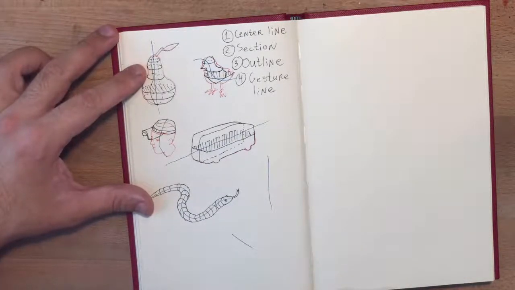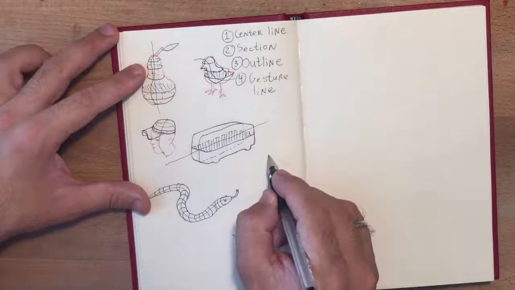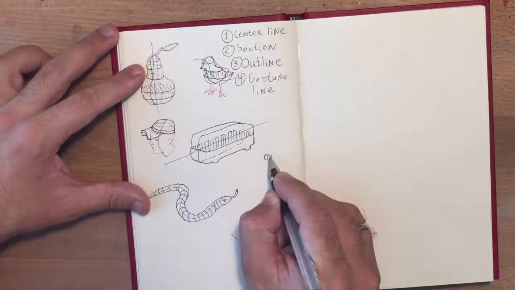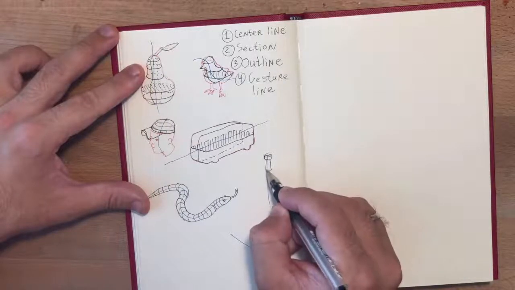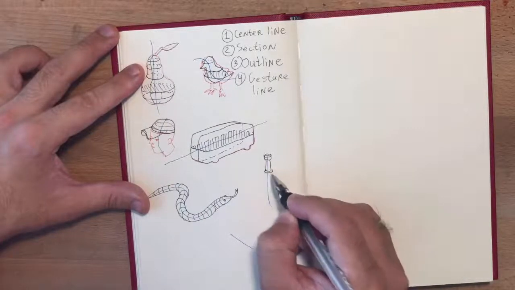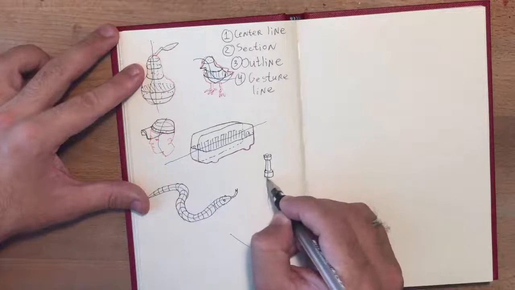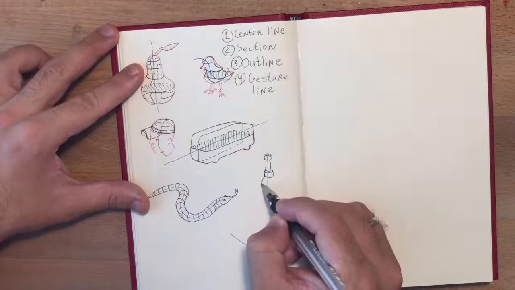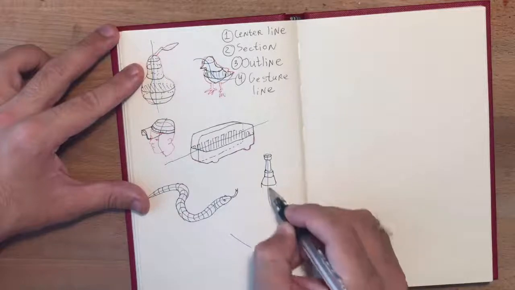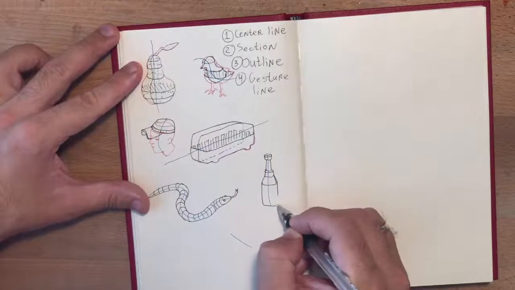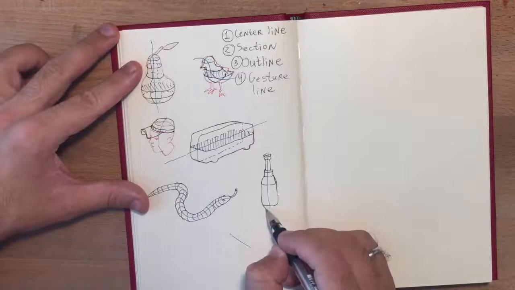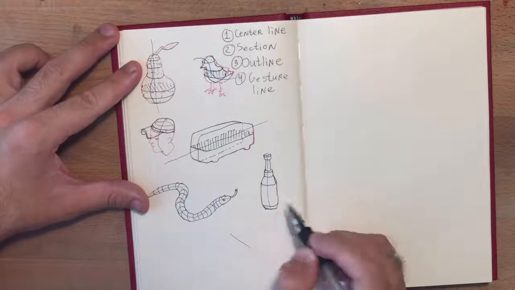Let's say, a bottle. So here it's just basic elements without applying perspective yet, but later when we talk about perspective, you will see how all these elements work there too.